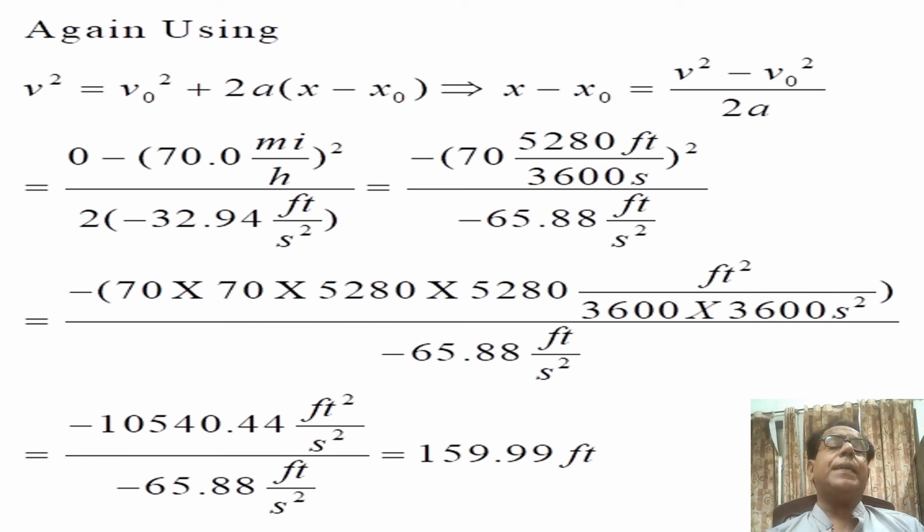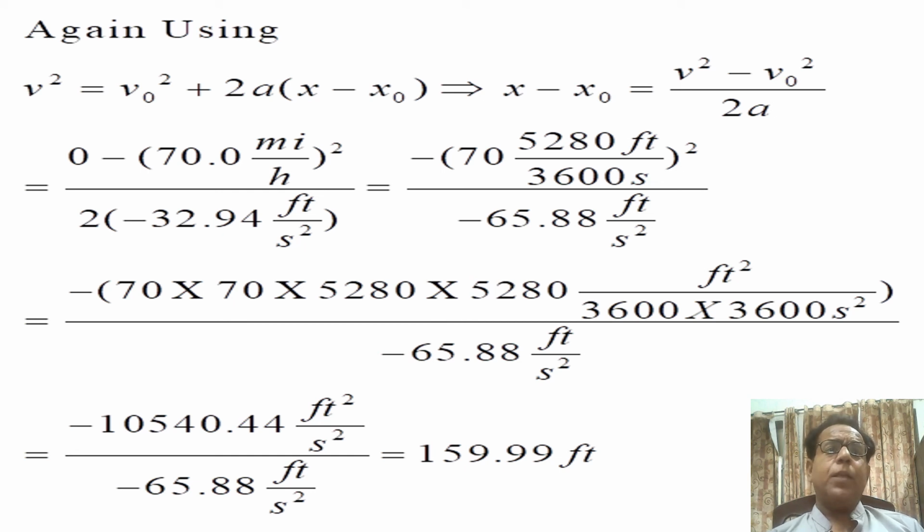This will alternatively become equal to minus 10540.44 feet squared over second squared divided by minus 65.88 feet per second squared. This will alternatively become equal to 159.99 feet, because, dear students, second squared will be cancelled by second squared and 1 feet will be cancelled from feet squared, so single feet will be left.